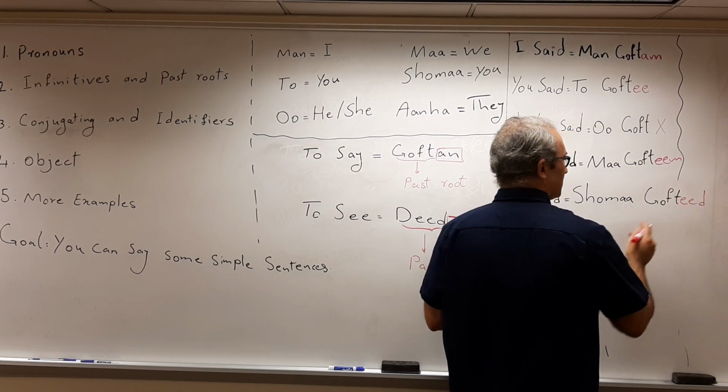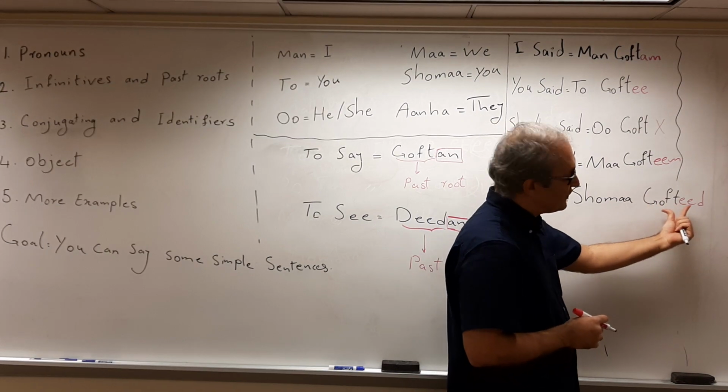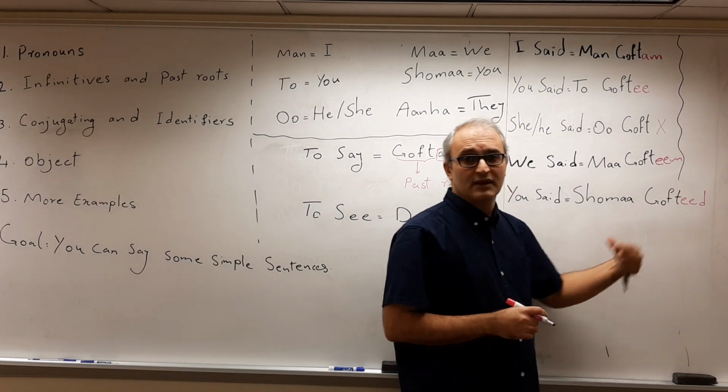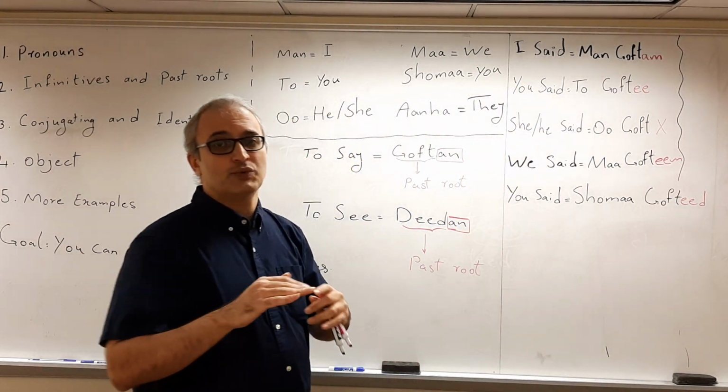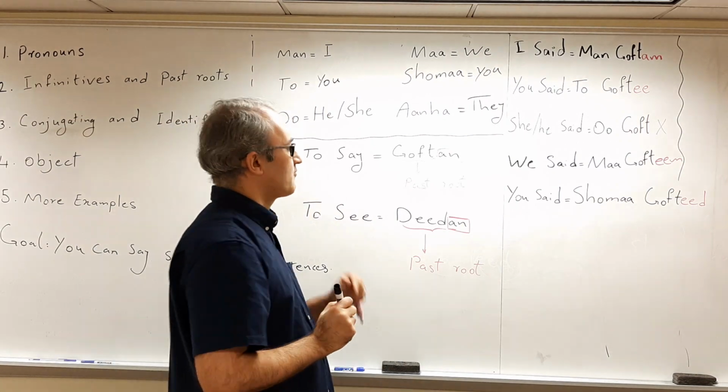Guftid. I don't know, do you see here or not? But I will tell you. Guftid. Shoma guftid. It means that you said, you for more than one person.